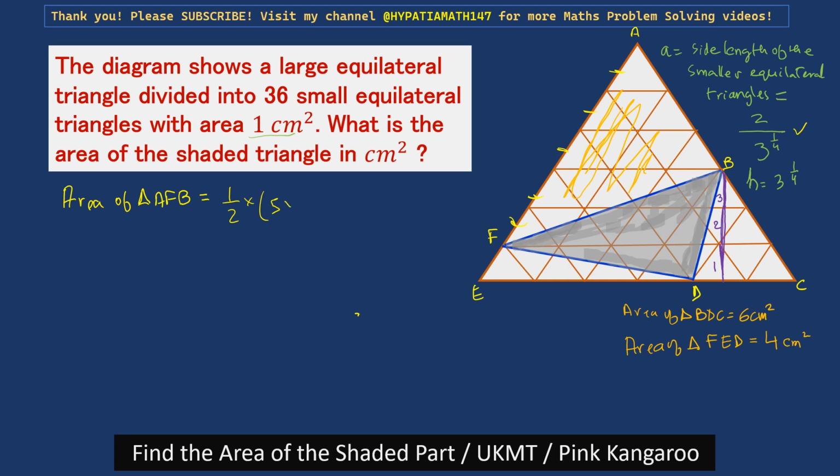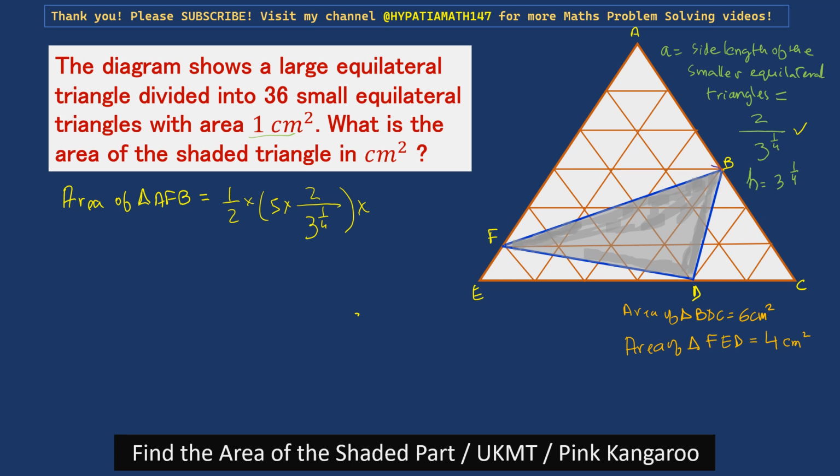So 5 times 2 out of 3 to the power 1 out of 4 times the height. Now this is something we need to really be careful about. Now you see when you do the heights, we're doing the heights of these equilateral triangles.